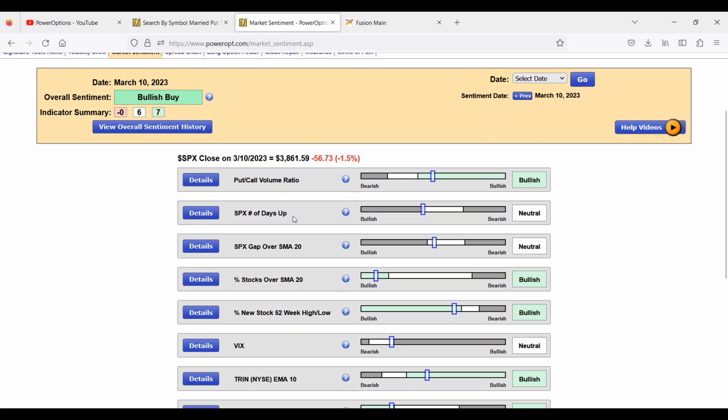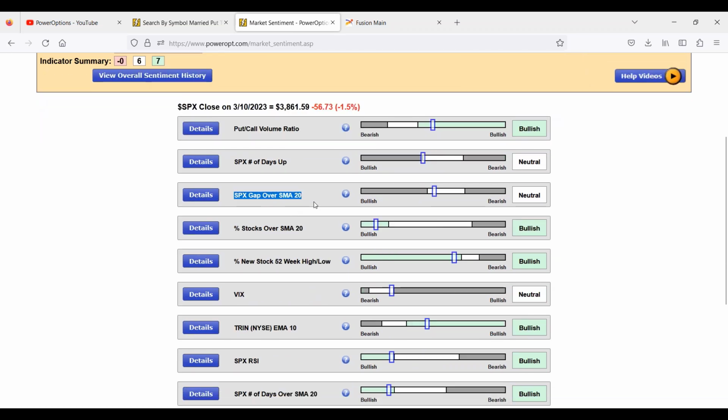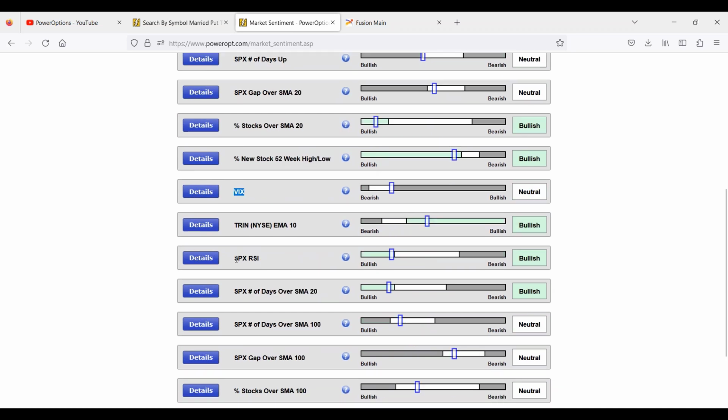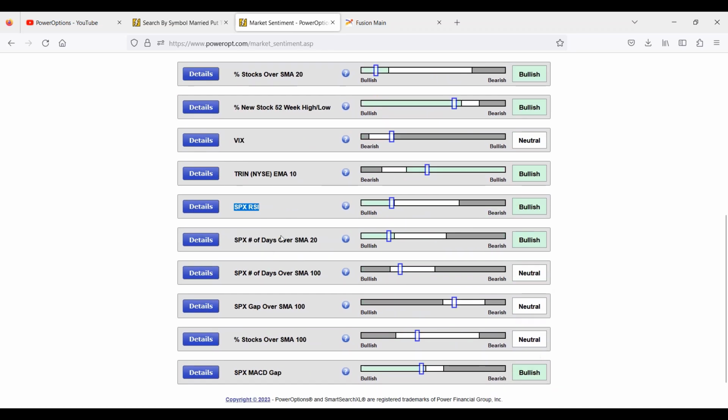But the number of days up for SPX, the gap over or under the 20-day moving average, the percentage of total stocks above their 20-day moving average, stocks hitting their new 52-week high or 52-week low, the volatility index, the VIX, TRIN, the RSI of SPX, gaps over the 20-day, 100-day, SMA 100, number of days, and the percentage of stocks over the SMA 100, and MACD as well.